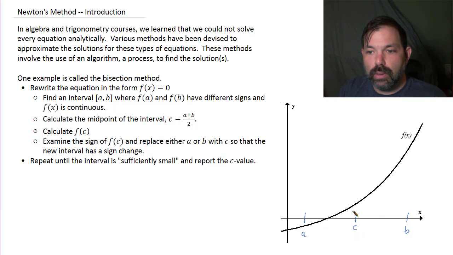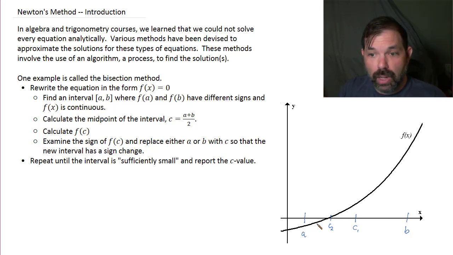Now, notice that the root is now between A and C. So let me call this C1. Now I repeat the process. I look at the midpoint of A and C1, and let's say that midpoint is here. Here's C2. Now the root is between A and C2.